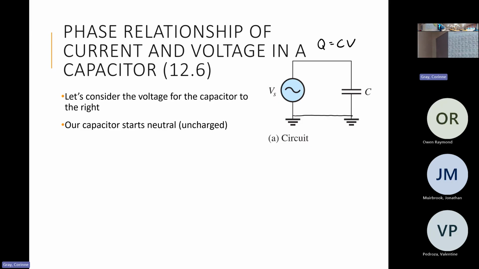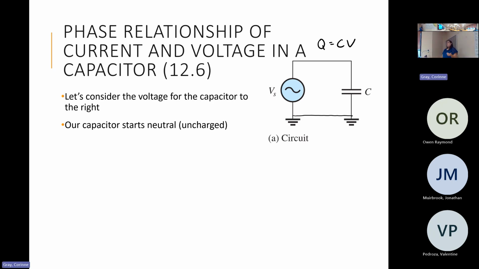But let's say hypothetically, we're going to start building up charge on one of these plates, and it's going to reach either the positive or the negative maximum value. And then the source flips.